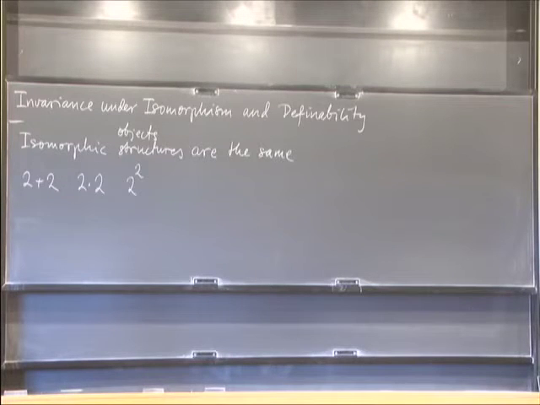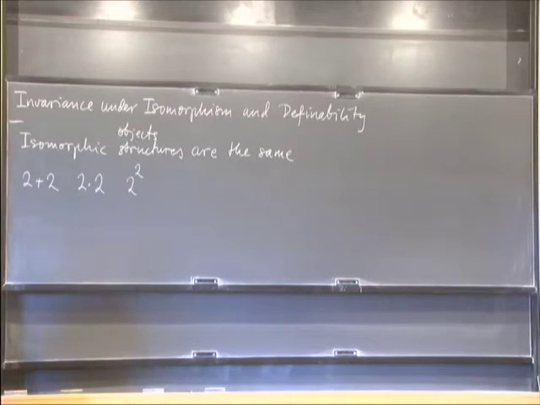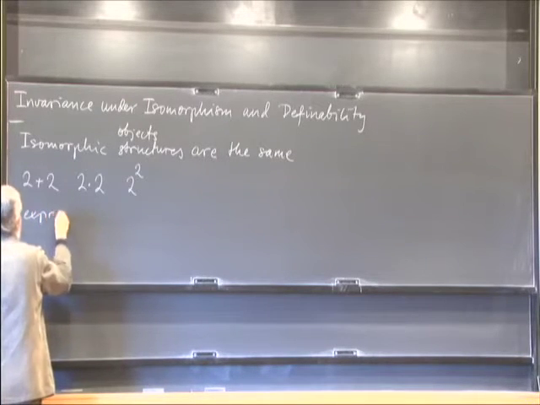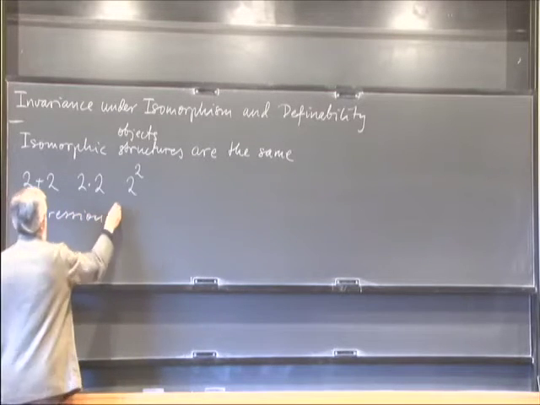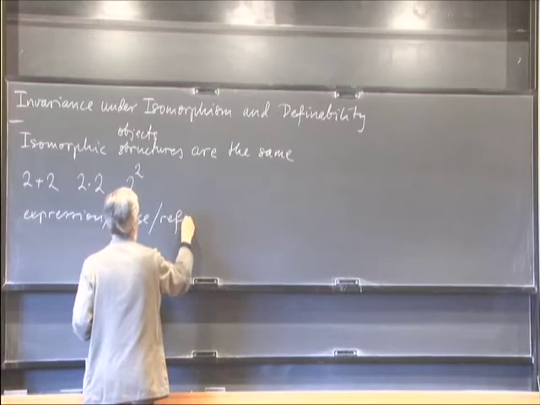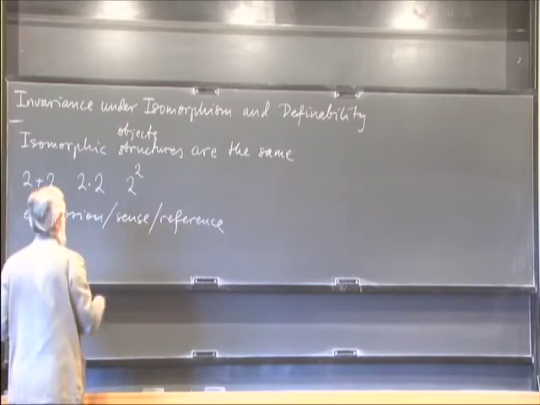Well, the standard mathematical way of trying to say that is that the expressions and the meanings are different, but the objects are the same. And Frege expressed this by means of his distinction between expression, sense, and reference: Ausdruck, Sinn, Bedeutung.